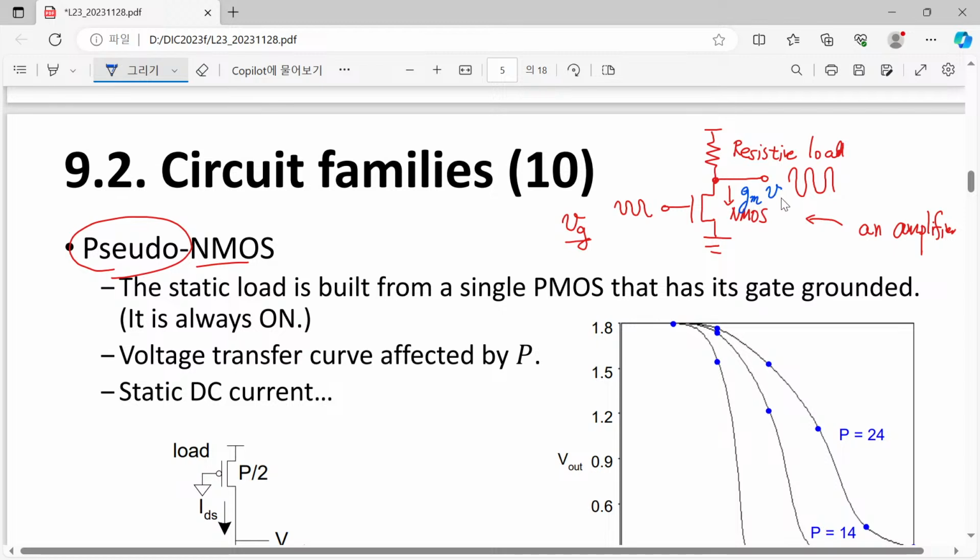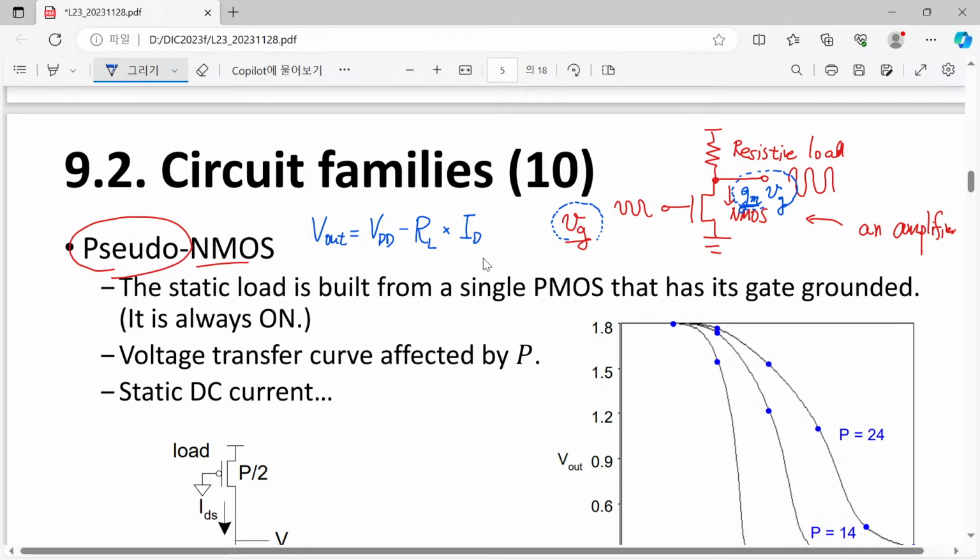That relationship is given by the transconductance Gm. Here we have VDD, and the output voltage Vout is simply given by VDD minus the load times the drain current. By applying a small signal additional voltage Vg, the increase of drain current is simply given by Gm multiplied by Vg.